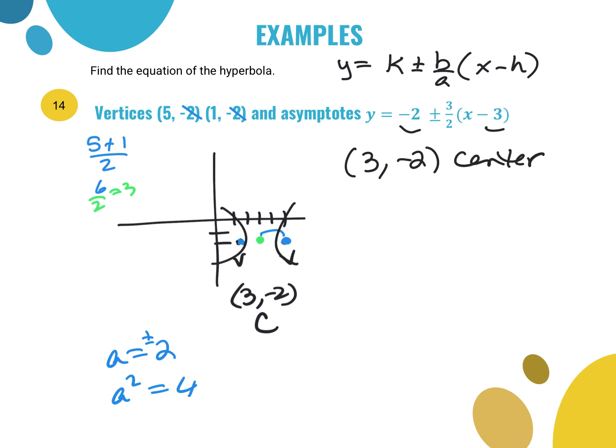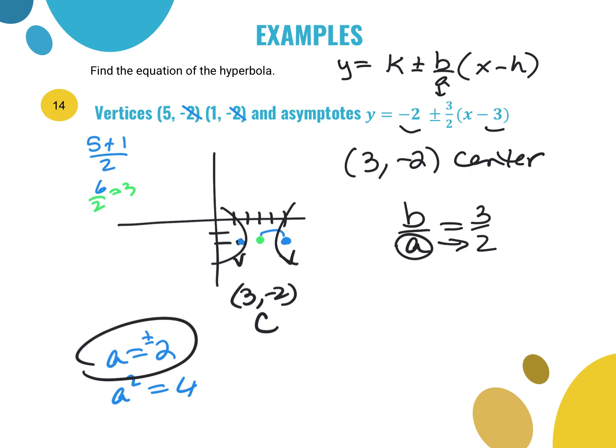And now what I can do is B over A is equal to 3 over 2. Now I can already see that my A value is 2. So I can go ahead and substitute this A with a 2, and you can already see that your B value is going to be 3, because B over 2 equals 3 over 2.